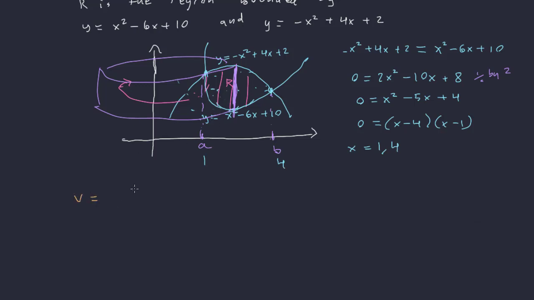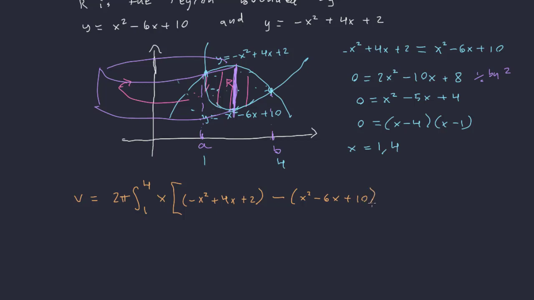Since we're using shells, it'll be 2 pi. And then the integral from 1 to 4 of x times, now it'll be the top, that's this negative x squared plus 4x plus 2, minus the bottom, so that will be x squared minus 6x plus 10.